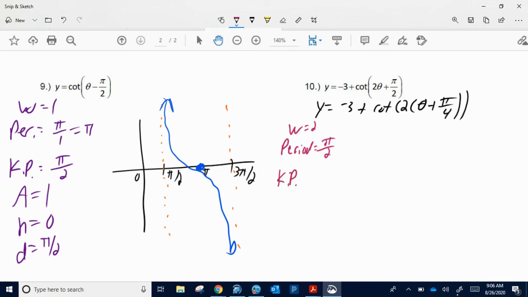Key points are pi over 2 over 2, which is pi over 4. Amplitude is 1. Vertical shift is the -3 out in front. And the phase shift is a negative pi over 4, the opposite of the sign within the parenthesis after you factor the 2 away.